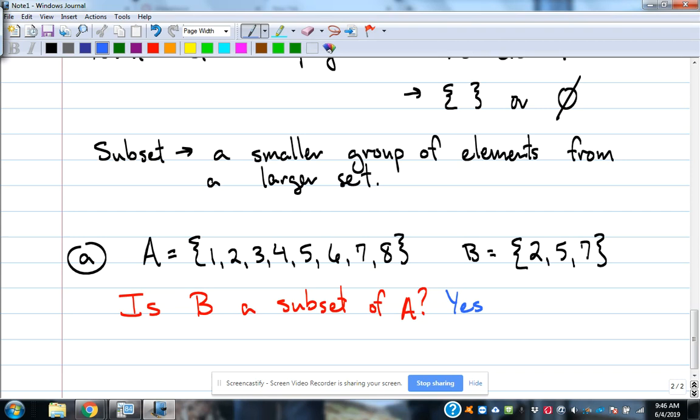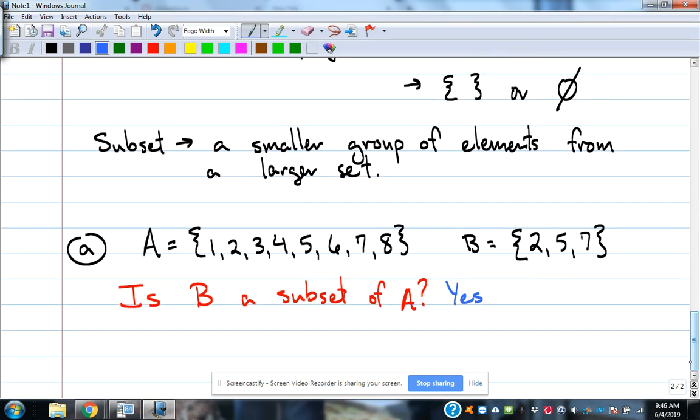Now, let's talk about notation, about how to write that. And the notation for subset, if I say B is a subset of A, that's the notation for that. B is a subset of A. It's kind of like, it's not really a C. It's more of a kind of a sideways U shape with a line under it.